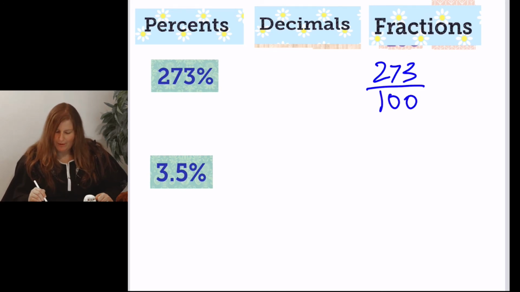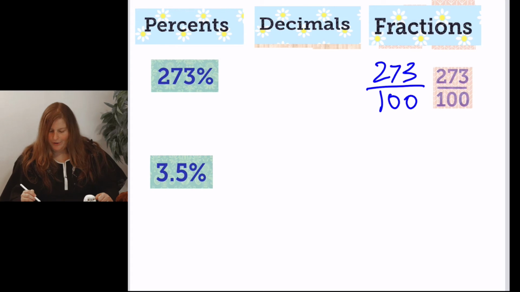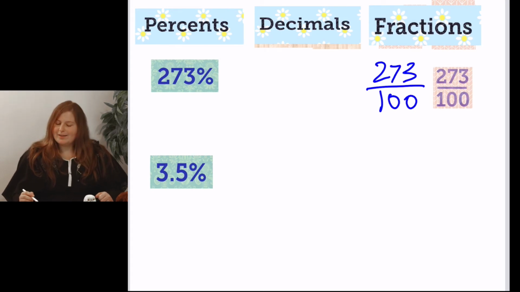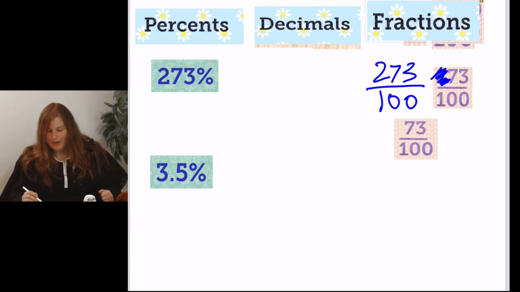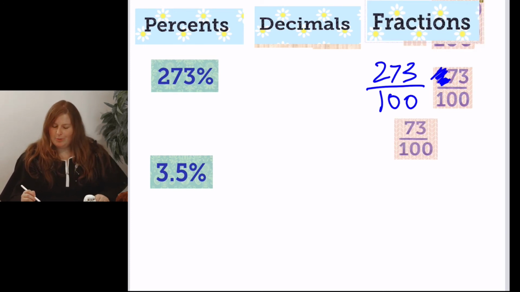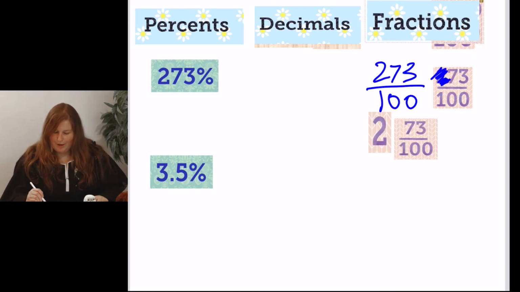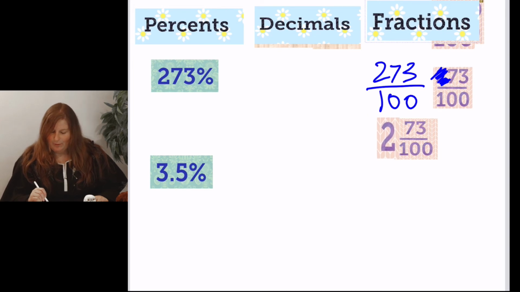Now that's an improper fraction because it means we have more than 1 if we have 273 over 100. So what I can do is take out 2 groups of 100 from the numerator. So I took out 2 groups of 100 from the numerator, and those 2 hundreds divided by 100 is 2. So that simplifies into a mixed number as 2 and 73 hundredths.